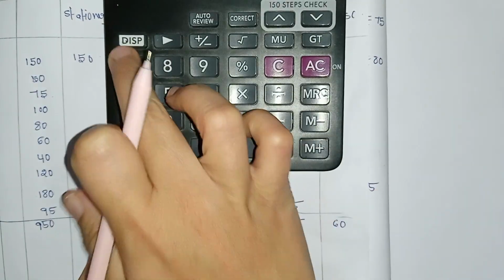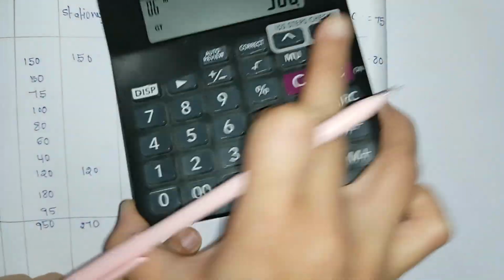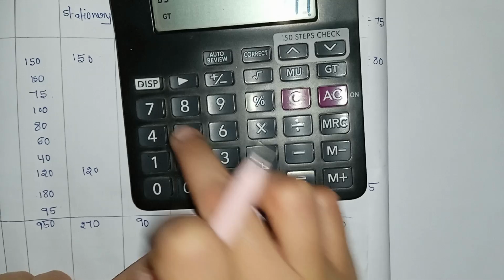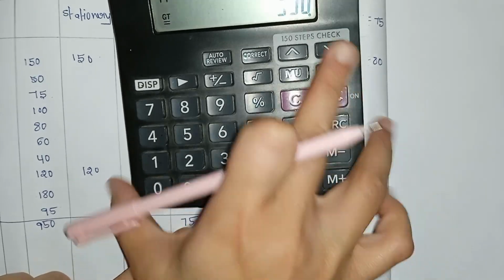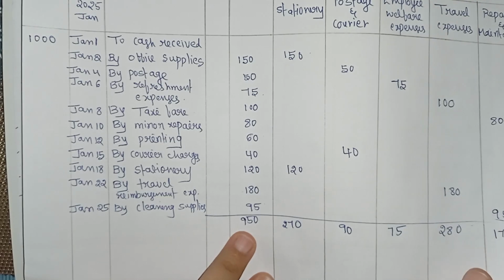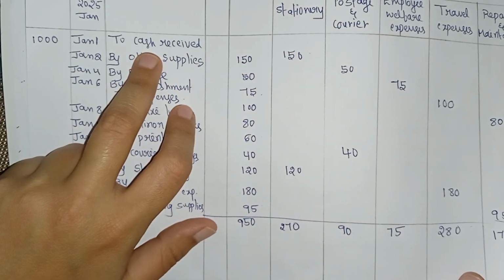Now we have to check: 90, 75, 280, 175 plus 60. Correct. So 950 means the petty cashier paid rupees 950 out of rupees 1000 for the payment of expenses incurred in the month of January.